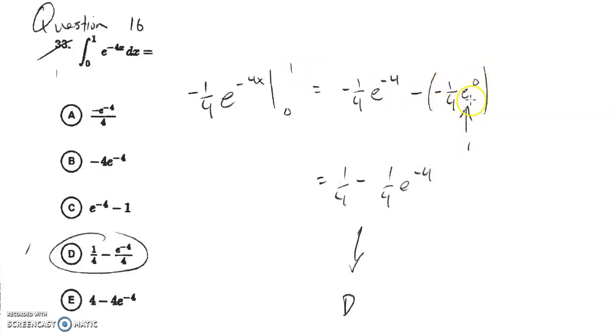This e to the 0 is 1. So here I get a double negative. When I do e to the 0, I get 1, so that gives me 1/4 by itself, minus 1/4 e to the negative 4th, which is D.